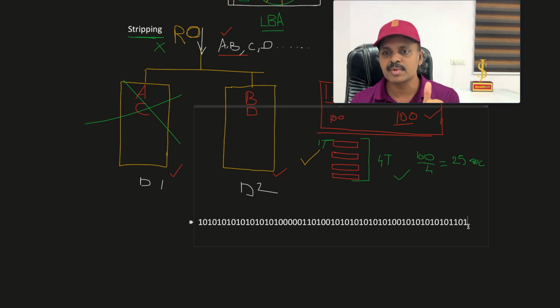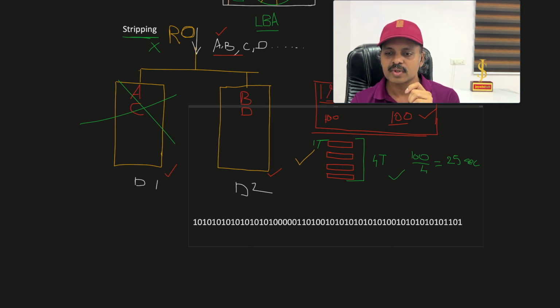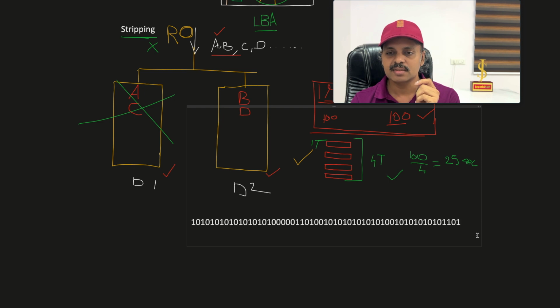That can be 4 KB, 64 KB, 256 KB, whatever size it is. That many zeros and ones combined is a block. It can be a PDF file block or a picture block or anything, because storage is digital. Every file, every data is represented in series of zeros and ones.